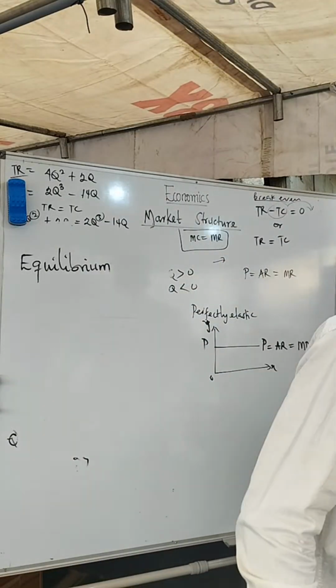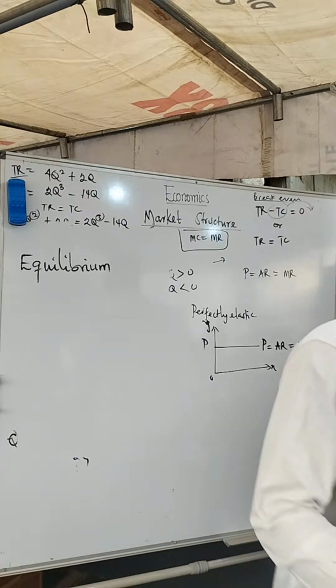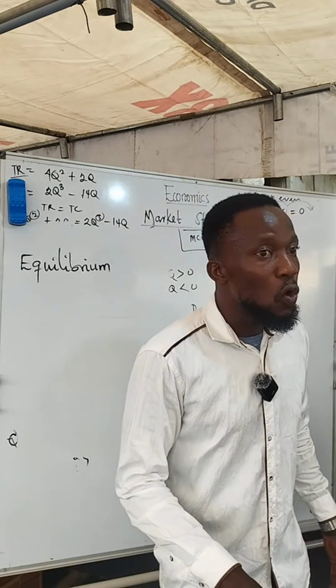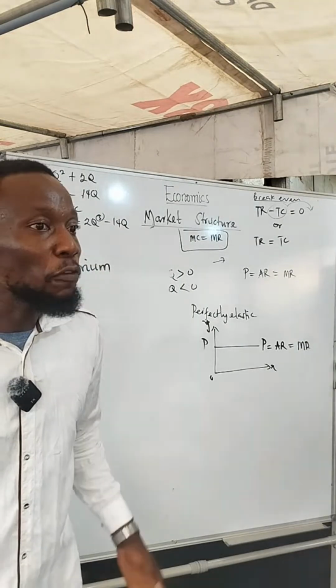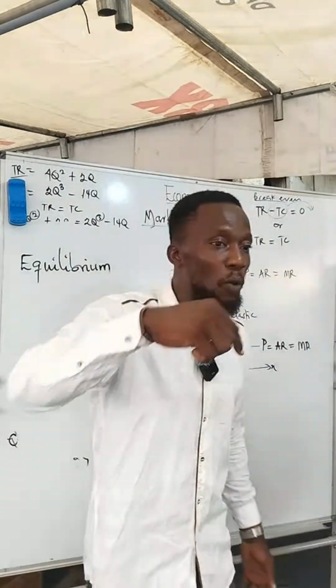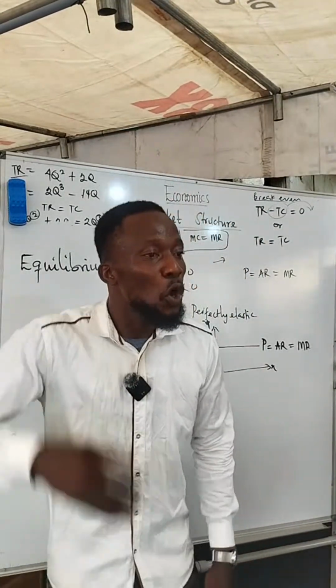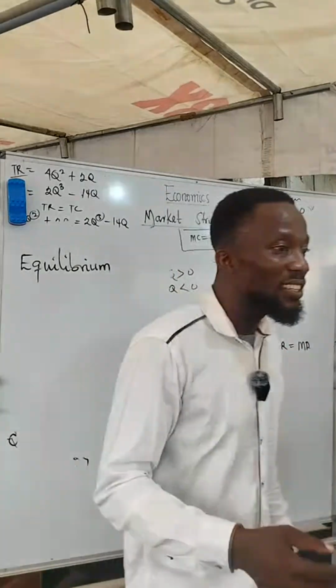Those firms who cannot afford to continue will shut down. Because all of them were in the market, supply was high. But the moment they shut down, supply reduces.